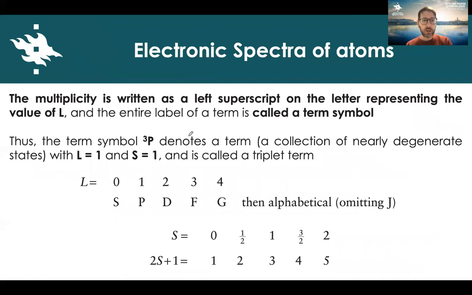And when we are talking about notation, we have the term symbol, with the spin multiplicity written as a left superscript to the letter representing the value of L. The entire label is called a term symbol. So in the term symbol triplet P, the triplet denotes a term in which we have L equals 1 and S equals 1 as well.